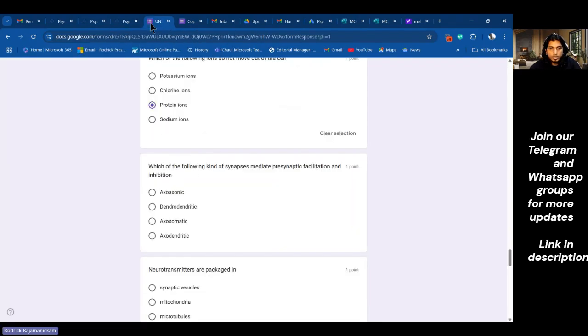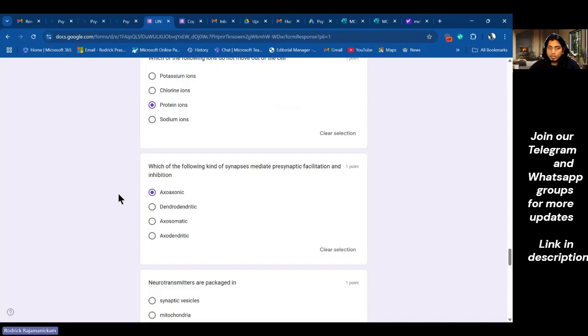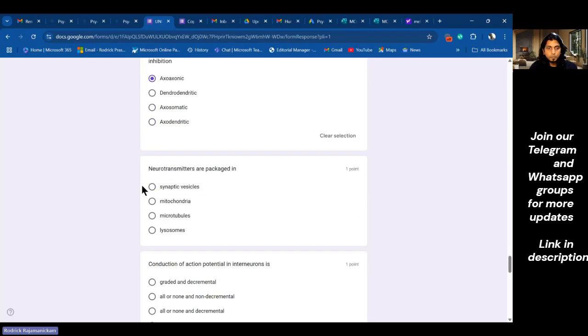What was the question here? Which of the following synapses mediate presynaptic facilitation and inhibition? That will be axoaxonic. Another synapse happens on the axon itself. It mediates whether that cell's axon fires or produces more or fewer neurotransmitters. So that is the answer here.